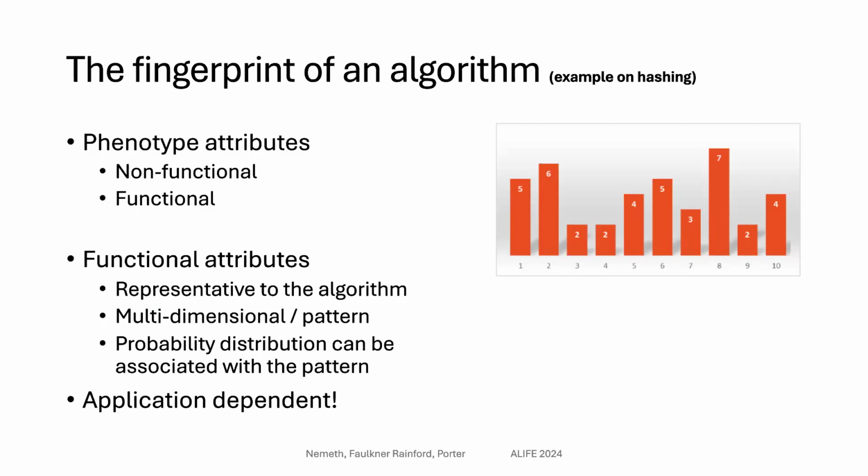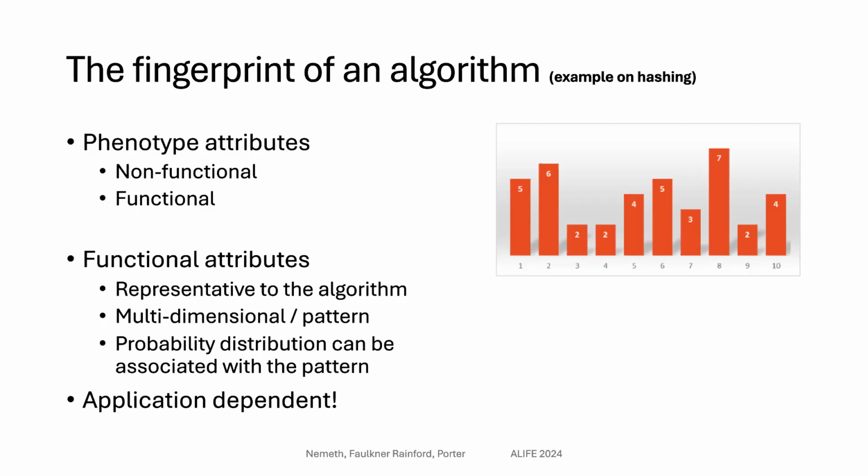Now, capturing the fingerprint of the algorithm is application dependent. We demonstrated our method on a hash example. We can extend it to a larger set of optimization problems, but still it's not universal. We have ideas how to improve it and how to extend it, yet we are not there yet.